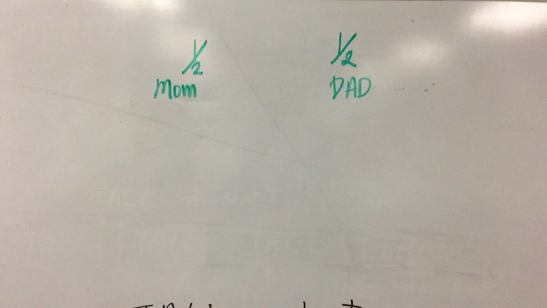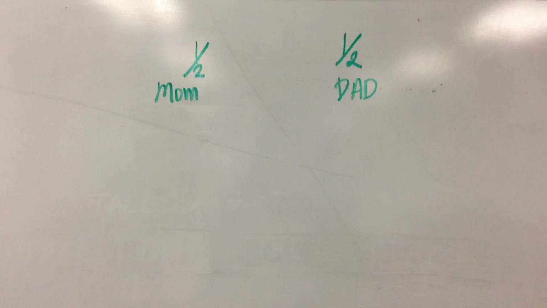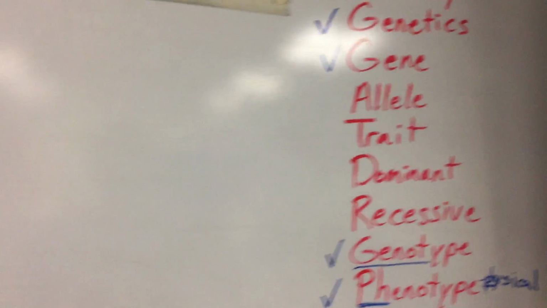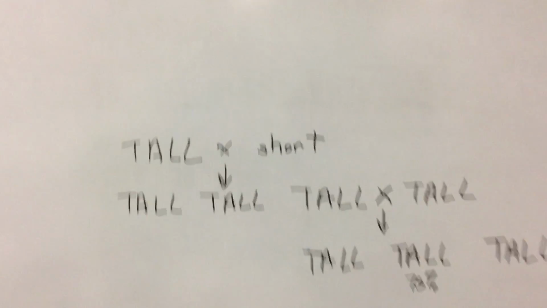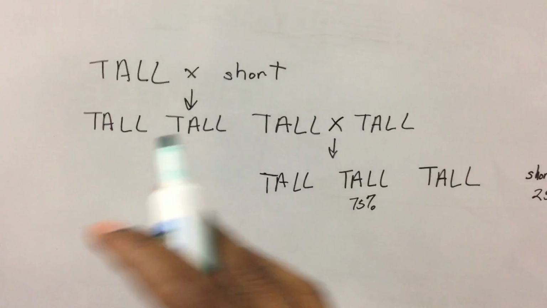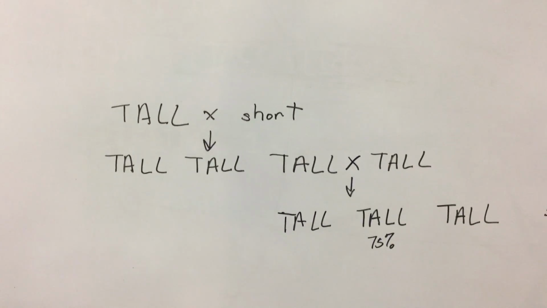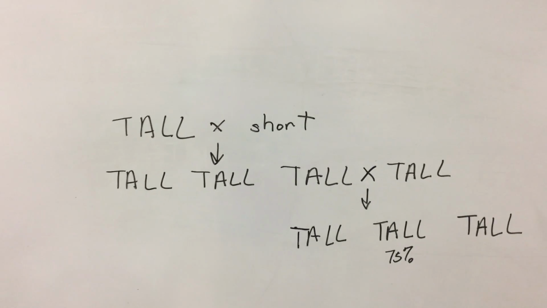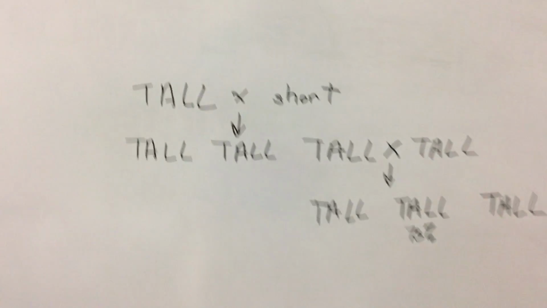Now, it is possible to have different versions of the same gene. So the gene that we're going to be talking about here, since we're dealing with the tall and short phenotypes, is height, the height gene. So when we're talking about the height gene, there are actually two different alleles of the height gene in these pea plants.